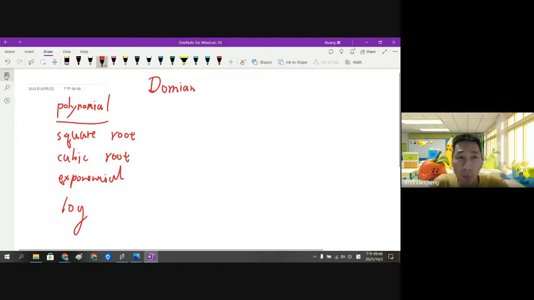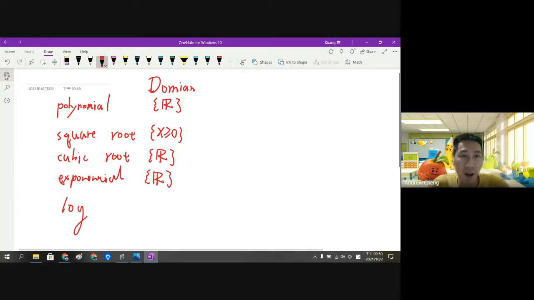For domain, the domain for a polynomial function is always all real numbers. And for square root, the domain is x greater than or equal to 0, for the parent function. And cubic root is all real numbers. Exponential is, again, all real numbers.